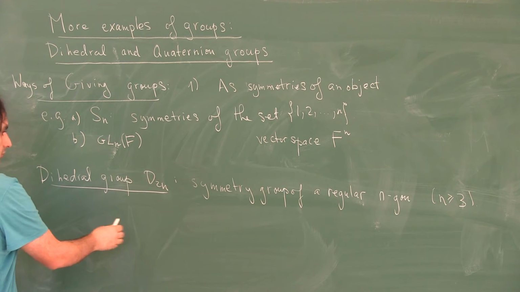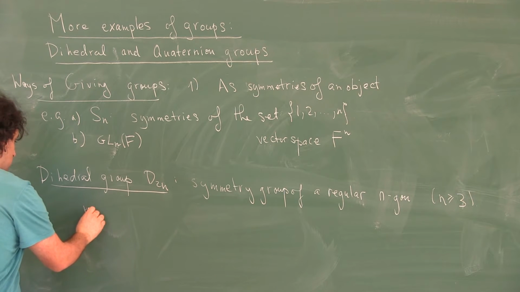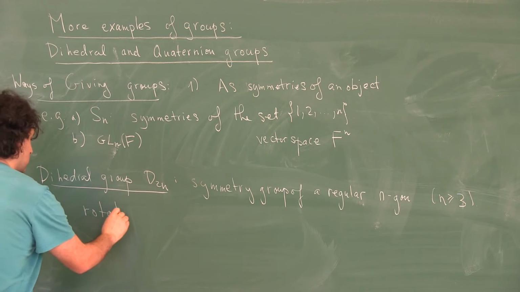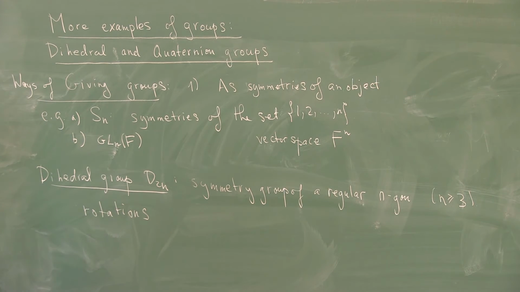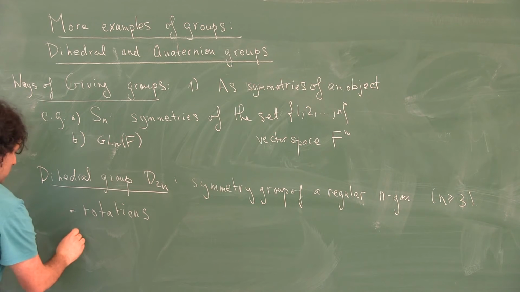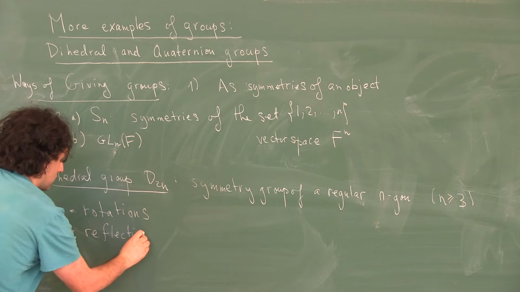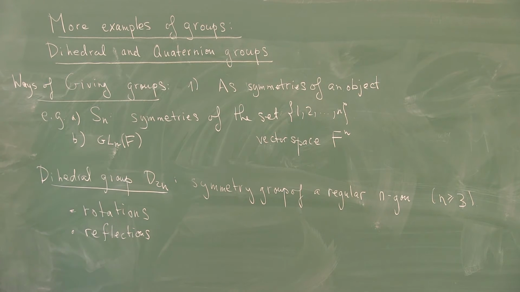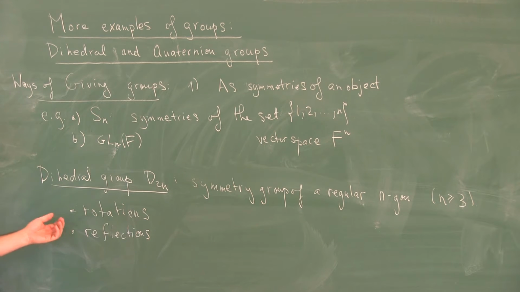Okay, so what kind of symmetries can we have of a regular n-gon? Well, we can have rotations, and we can have reflections. And in fact, you can see that any symmetry of the regular n-gon can be obtained by composing a rotation and a reflection.